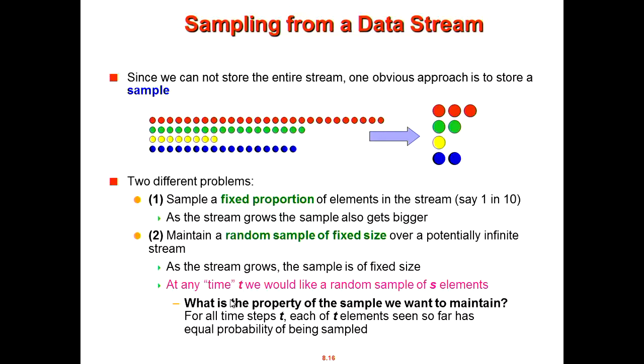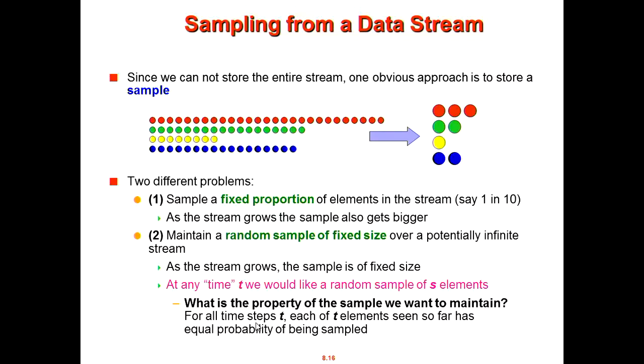At any time t, we would like the random sample of S elements to satisfy some requirements. What is the property of the sample we want to maintain, because we are not able to maintain the original distribution? What other properties can the sample maintain? That's the key question.